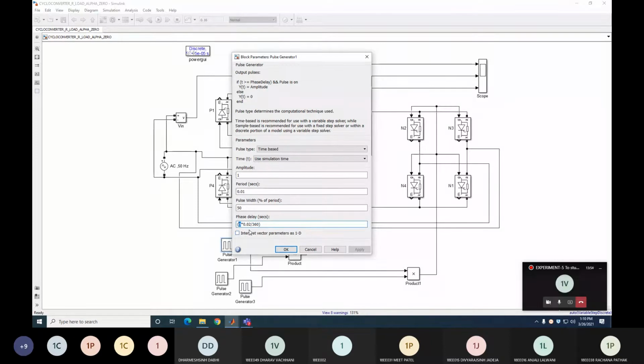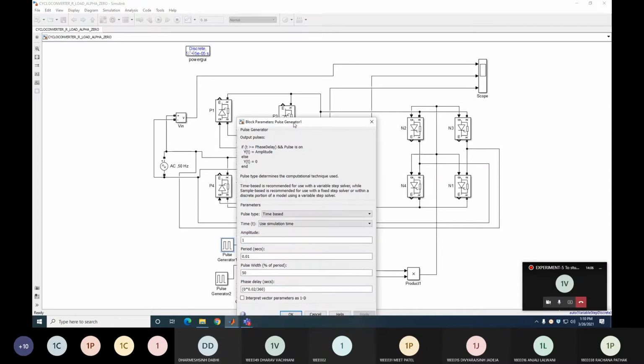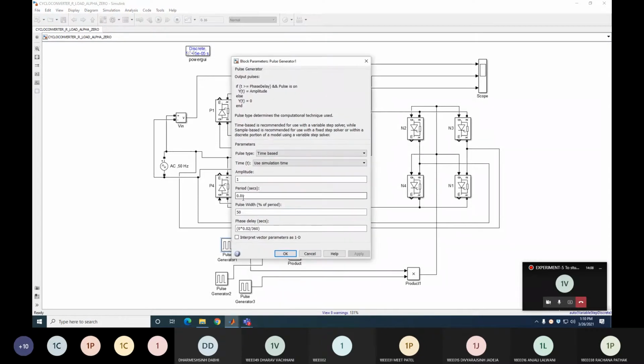It means from 0 degree to 5 milliseconds, I continuously provide the gate pulse. So the output is a continuous gate pulse from 0 to 5 milliseconds. So it is 50% of your total period. The total period I have taken here is 10 milliseconds. So half of this is 5 milliseconds. 50% period pulse width is up to 5 milliseconds.